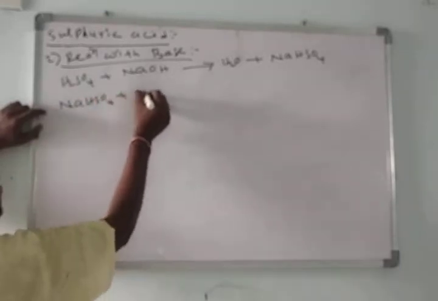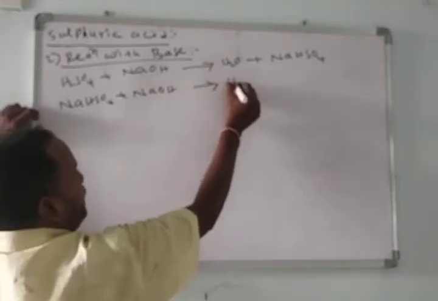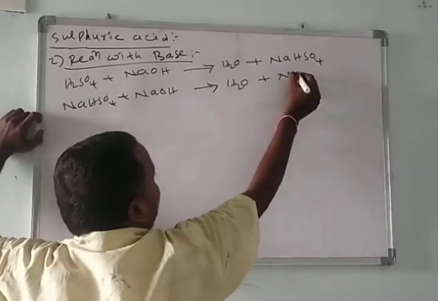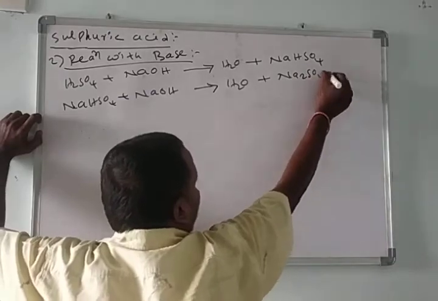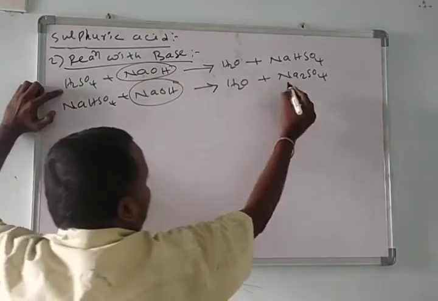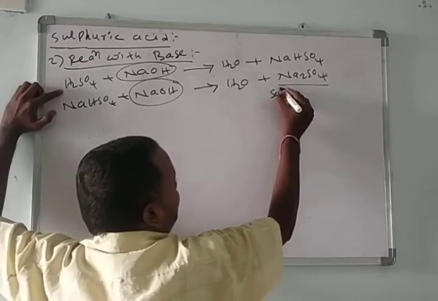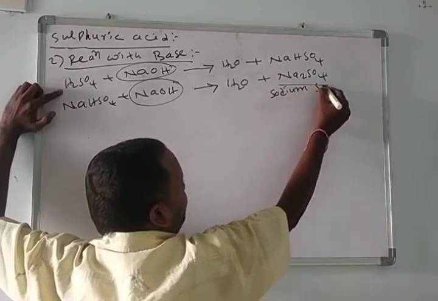Sodium bisulfate reacts with another mole of sodium hydroxide and forms water and sodium sulfate. Sulfuric acid has the capability to interact with 2 moles of base and finally forms sodium sulfate.